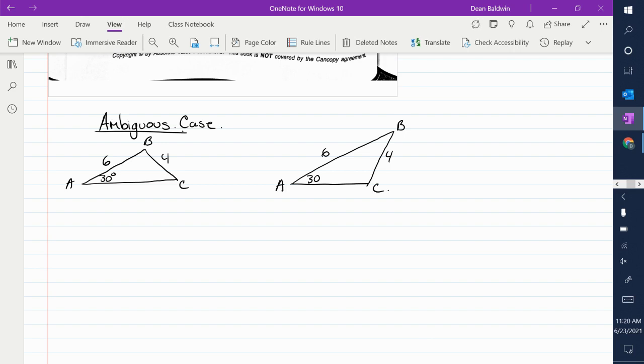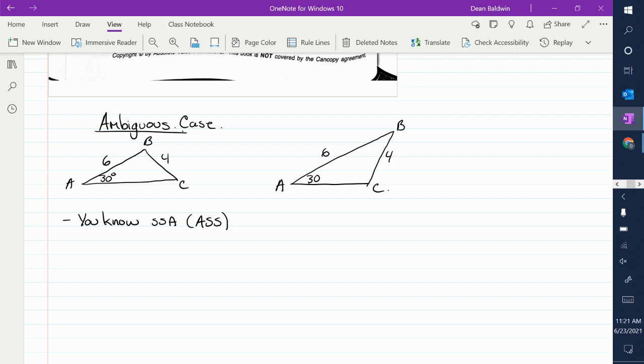So the ambiguous case only occurs when you have side angle. I prefer to write it the other way: angle side. So you can come up with the name of it if you want. Everybody remembers it if you write it this way.